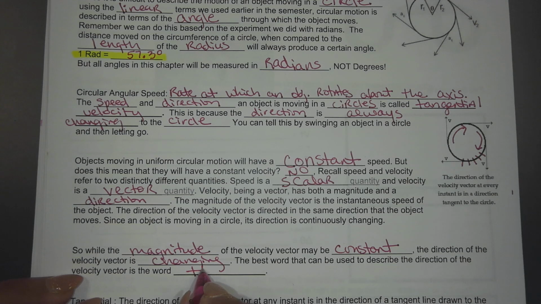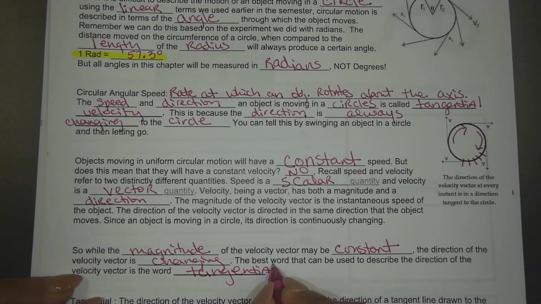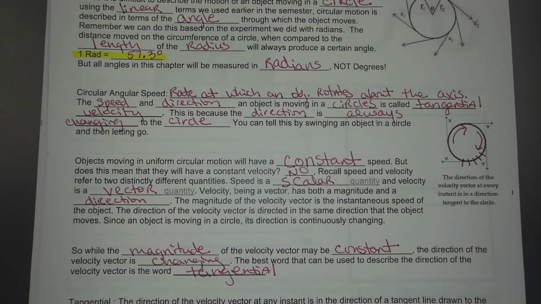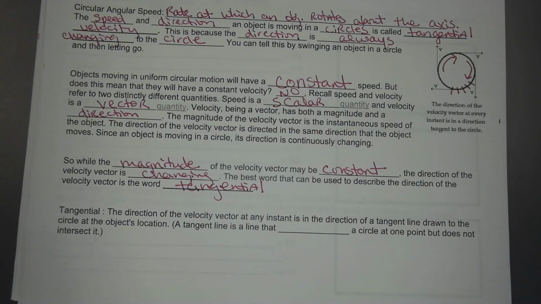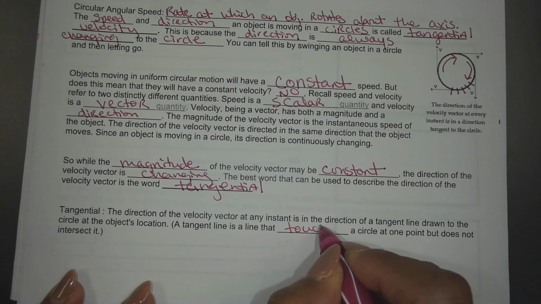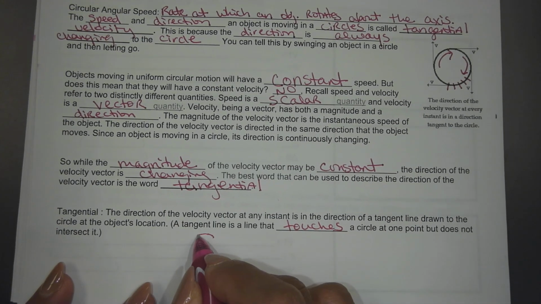we call this tangential. Now, there's a good chance that you've talked about this in math class or geometry class, and I hope you did. I don't know. The definition of that tangential line is the tangent line is a line that touches the circle.